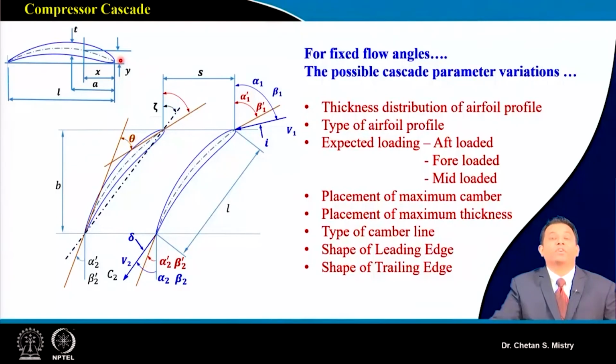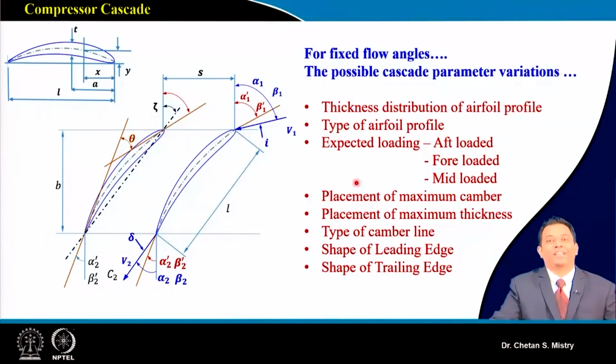Same way for trailing edge also, for NACA 65 we are having a sharp trailing edge, and for C4 aerofoil we are having a trailing edge with some radius. When we are discussing the deviation angle, all these parameters are very important. So we can say these are all the parameters we can play with in order to make our compressor.